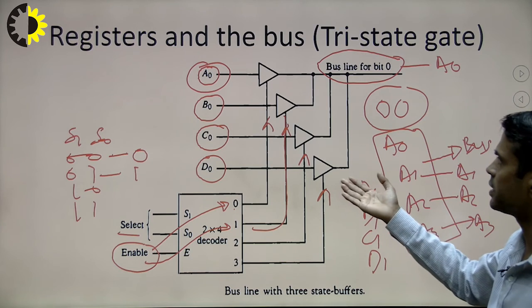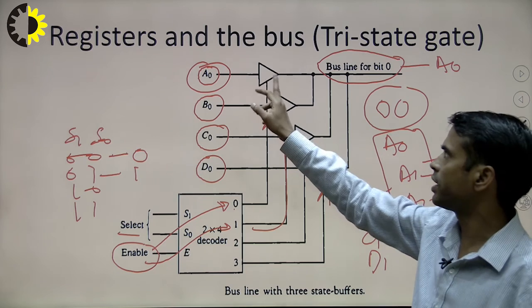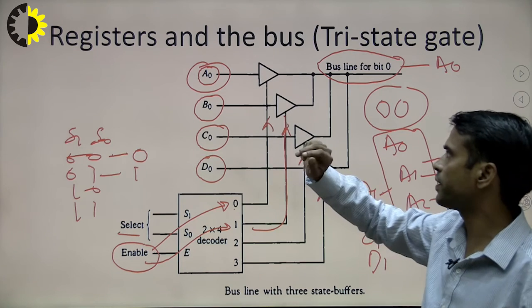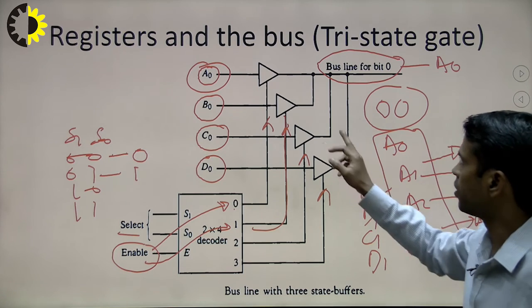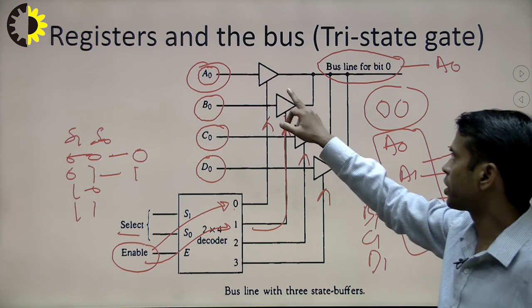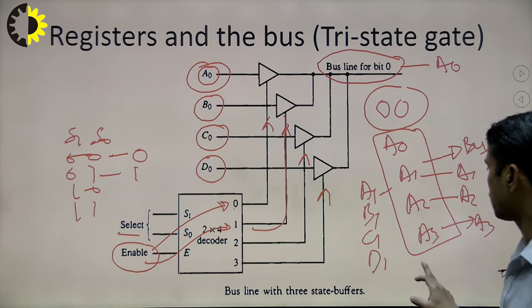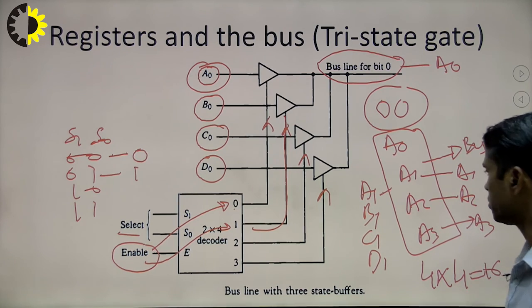You can easily see that for each bit I require 1 tri-state buffer. Here are 4 bits, so this circuit will be repeated 4 times. So, the total number of tri-state buffers will be 4 into 4, 16 tri-state buffers.